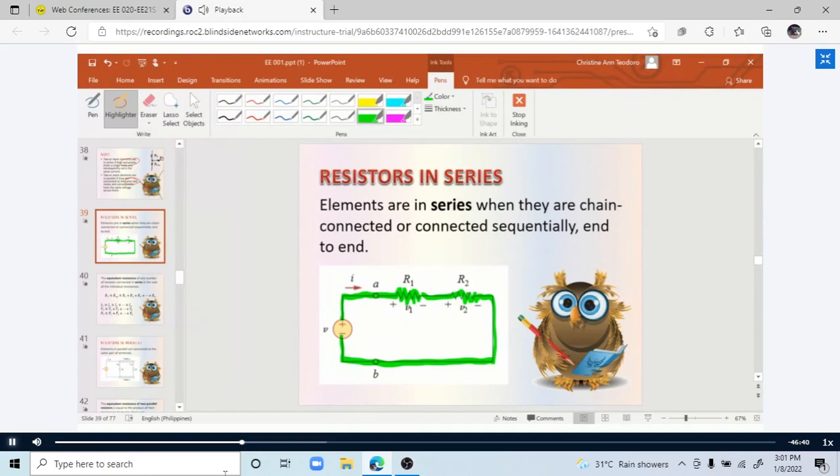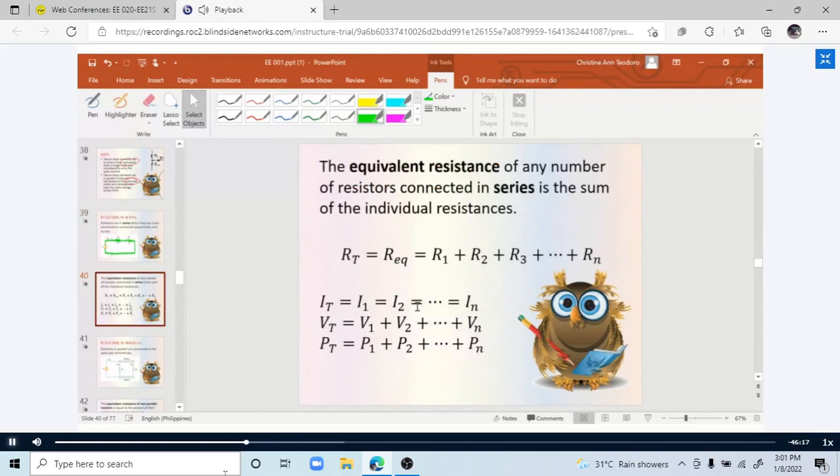Can you imagine it? That's why in series connection, our current is always constant. It means that your total current is equal to the current through R1 and also equal to the current through R2.